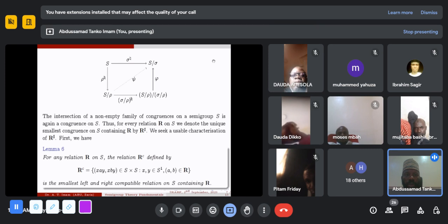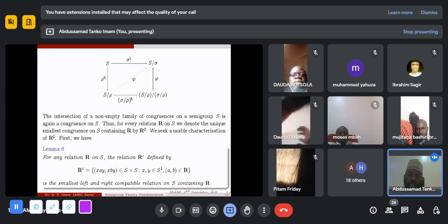So if you have a congruence, you can quotient the semigroup by the congruence, thereby creating a new semigroup out of a given semigroup. But if you are given just any relation, it is not necessary that the relation is a congruence. Even if it is not a congruence, one can generate a congruence using that given relation. And this is what we are going to look at: the congruence generated by any given relation in a semigroup.